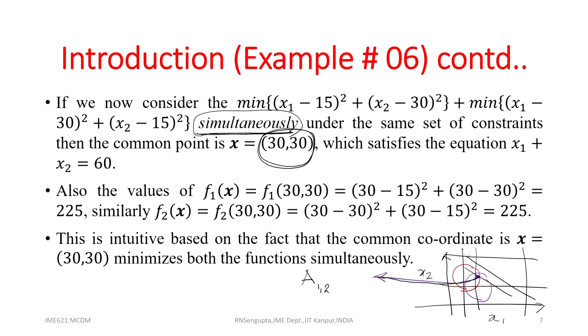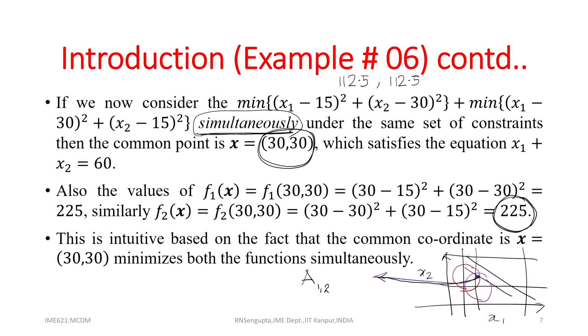And when I put the values of the coordinates x1, x2 as 30, 30 and I try to find out the overall combined objective function, which is f1 + f2, very interestingly it comes out to be 225. Now, remember the values: 112.5 was the single objective function minimum value for f1, then again 112.5 was the single objective function minimum for f2, with coordinates which were different.